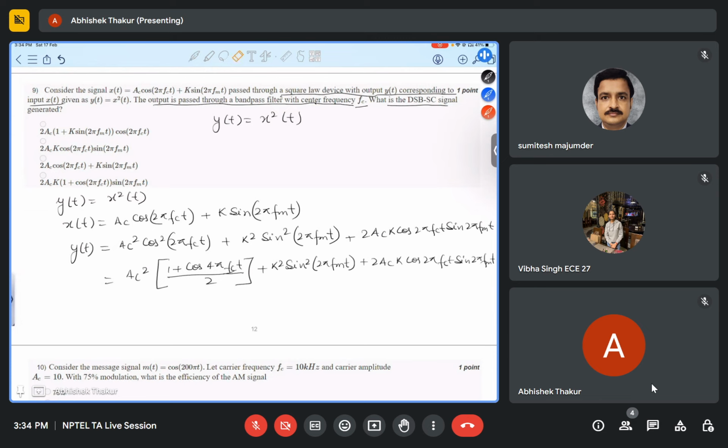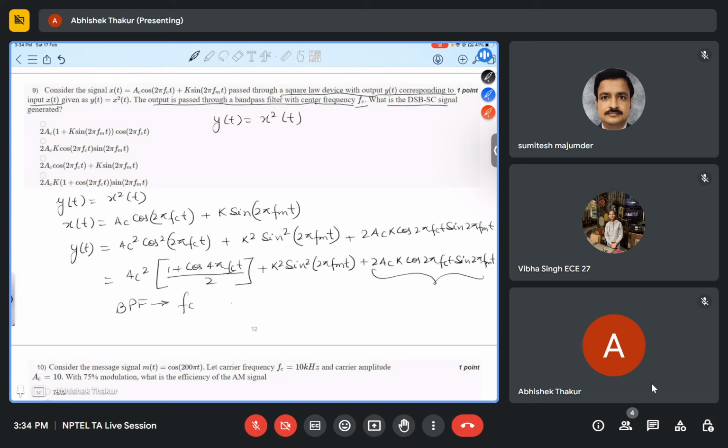So on passing through a band pass filter with center frequency fc, only this component remains. The other components will be filtered out. So this is the DSB-SC signal generated.